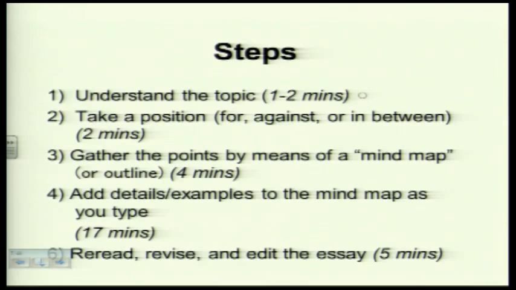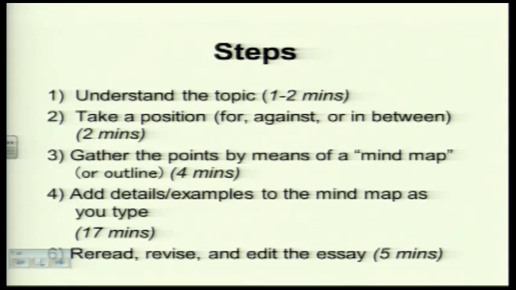What is it that the topic is proposing to you? You should spend about 1 to 2 minutes there. Then you should select a position. Remember 3 positions are available: agree, disagree, or case by case, or you can qualify the issue. So for, against, or in between. Spend 2 minutes there to make the decision.